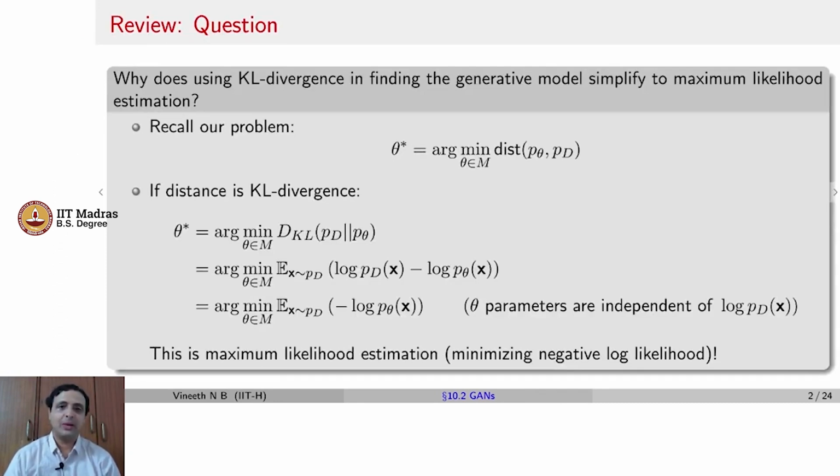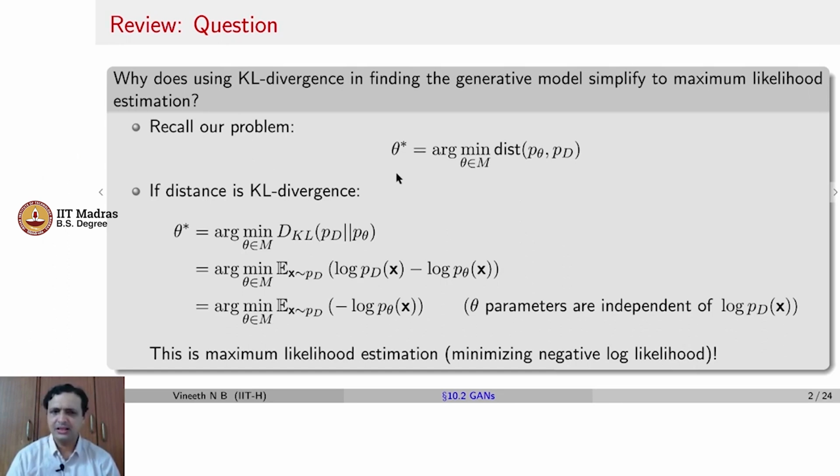The question that we left behind from the last lecture was, why does using KL divergence in finding the generative model simplify to maximum likelihood estimation? If you recall, the problem was theta star is argmin over all thetas from a family of distributions M, some distance function of p theta from PD.